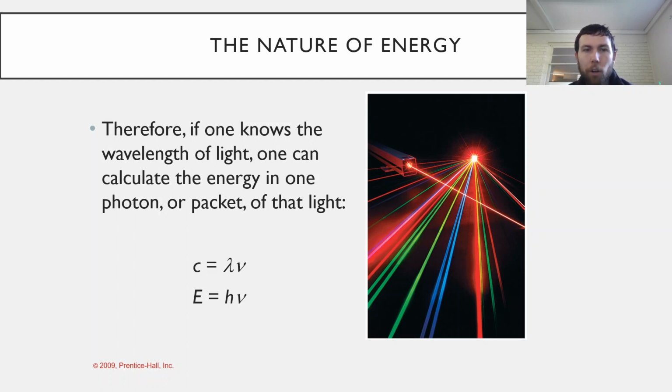Like if you look at the laser pointers there, if you know the specific wavelengths, you could calculate how much energy one of those green lines is giving off. And again, this was groundbreaking. This was not something that was known, and it was helping frame our understanding of what light and electron behavior was going to be.